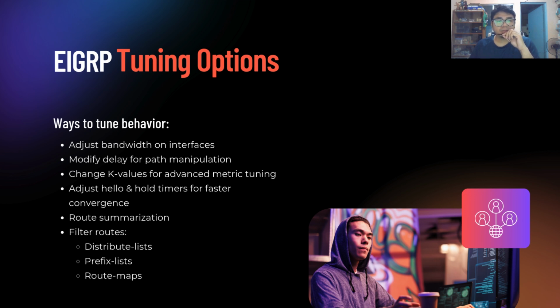Hello and hold timers can be shortened to detect link failures more quickly, useful in critical environments. Route summarization improves stability and reduces routing table sizes. Route filtering allows control over which networks are advertised or accepted.